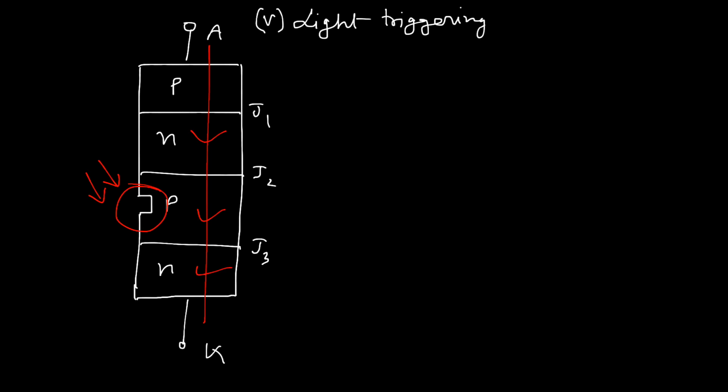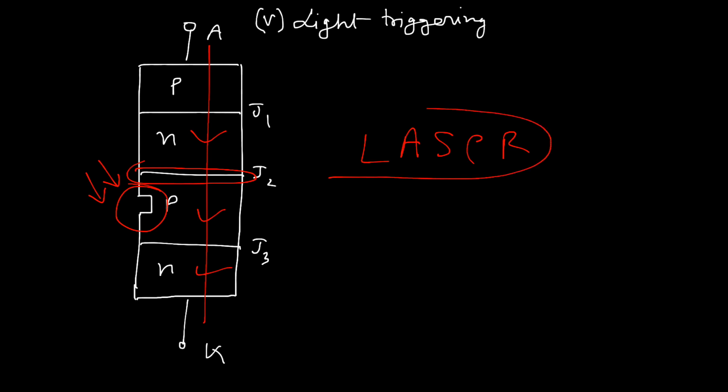That is why avalanche breakdown occurs across the junction J2, the depletion layer of the junction J2 will vanish, and the device will be in on state. A good example is the LASCR. This kind of thyristor is called a light activated silicon controlled rectifier. I repeat, light activated silicon controlled rectifier, or LASCR. This is a good example of this kind of thyristor or SCR.